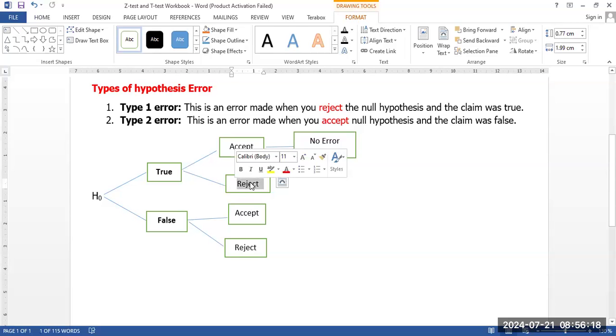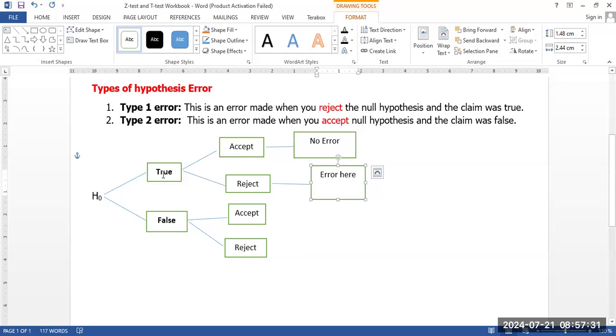So in such a scenario, this is error. And what type of error is this? What you stated, the null hypothesis was true, but you are saying it is false. You are rejecting it.